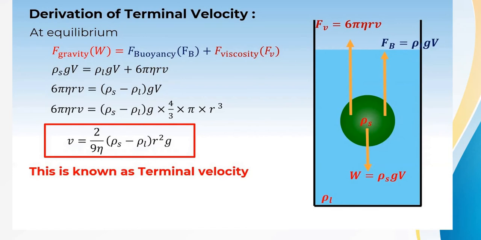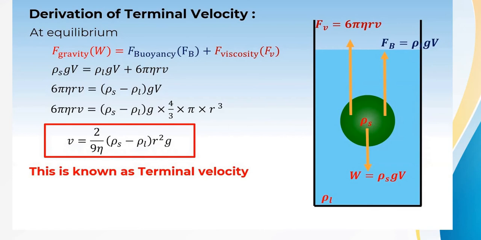What is eta? Eta is the coefficient of viscosity of the liquid through which the sphere is falling. Rho s is the density of the solid and rho l is the density of the liquid. r is the radius of the sphere, g is acceleration due to gravity, and v is the terminal velocity. In some books you can see terminal velocity given as 2 by 9 eta into rho minus sigma into r square g.